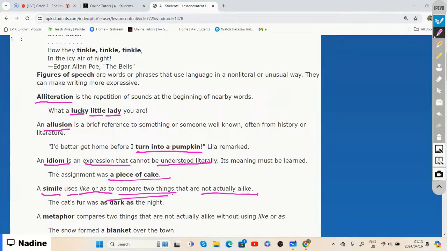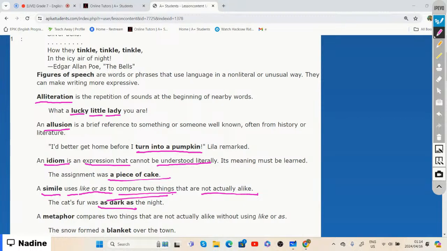For example, the cat's fur was as dark as the night. It just means that the cat's fur can be black or a darker color. But now they're comparing the cat's fur to the darkness at night. So remember the night is dark, but it doesn't necessarily mean that the cat's fur has anything to do with the darkness of the night, right?